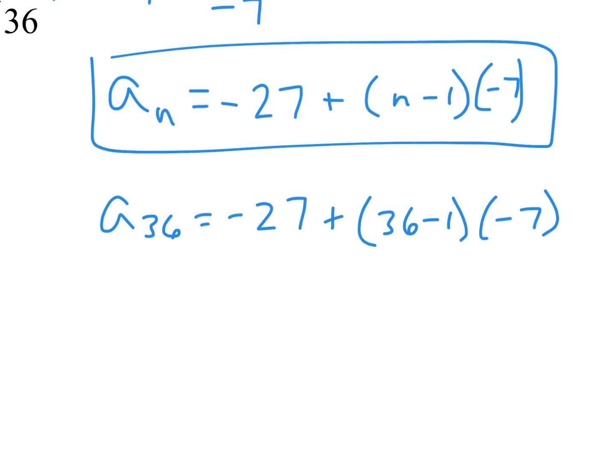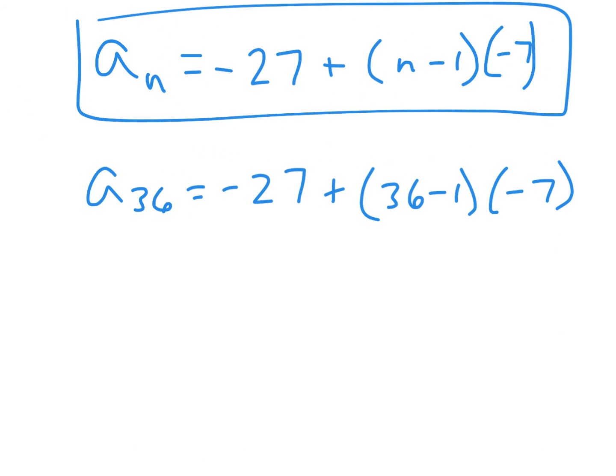What do we have to do first? The parentheses. So 36 minus 1 would be 35. What do we do next? 35 times negative 7, which would be negative 245.